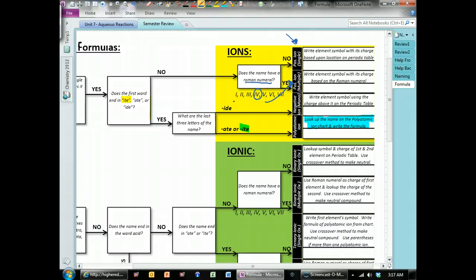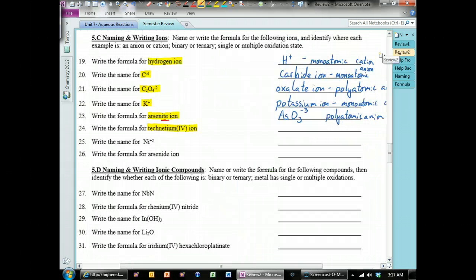Since IV represents 4, we're going to have a +4 charge on technetium. So Tc is technetium, the symbol for technetium when you look it up on the periodic table, and it's Tc +4. This is monoatomic because it only has one element, and then cation because it's positive.